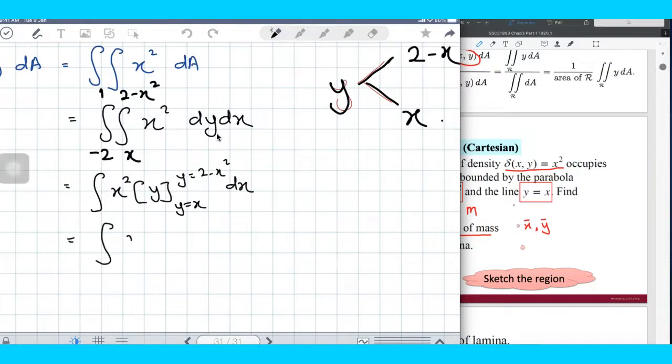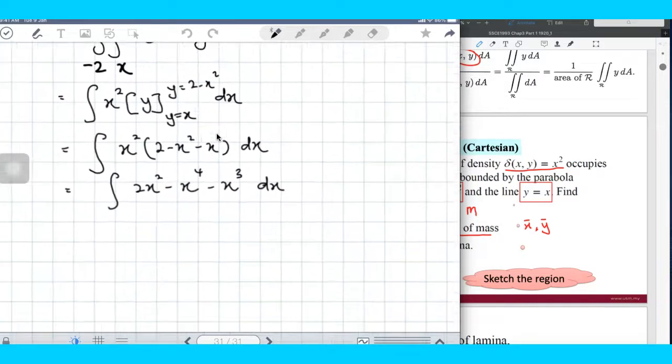Then we substitute the limits, so you have x squared times (2 minus x squared minus x) dx. We expand to 2x squared minus x to the fourth minus x cubed dx. Isn't it? 2x squared minus x to the fourth minus x cubed.